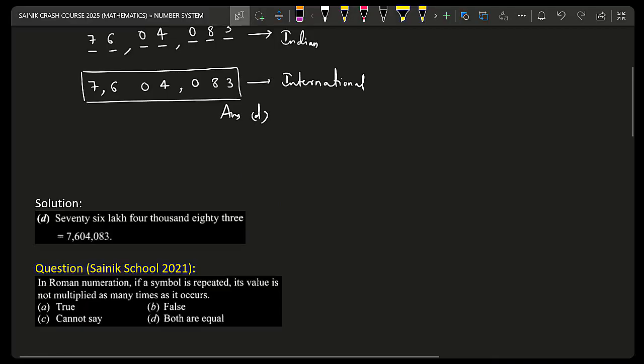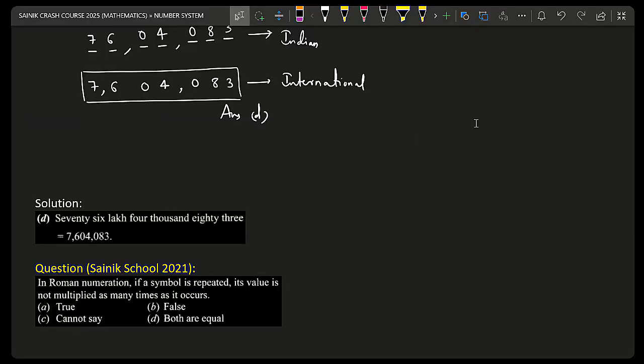Srivastava said option C. Yes, Surya, which option is correct? Sir, I didn't answer the question. You didn't understand the question. Yes, sir. They said in Roman numeration, if a symbol is repeated, its value is not multiplied.